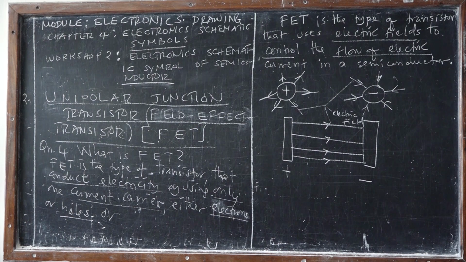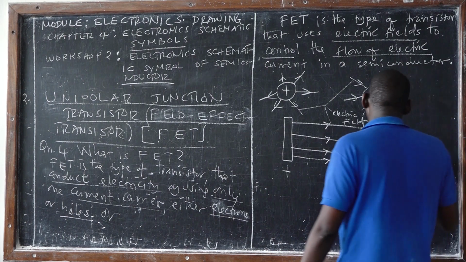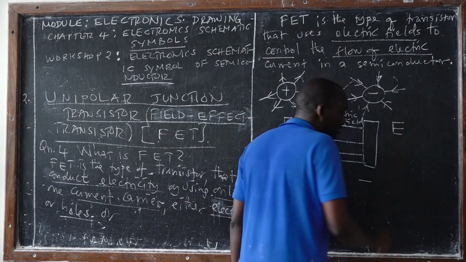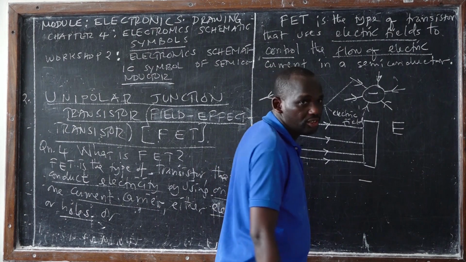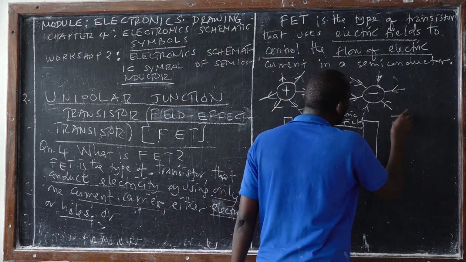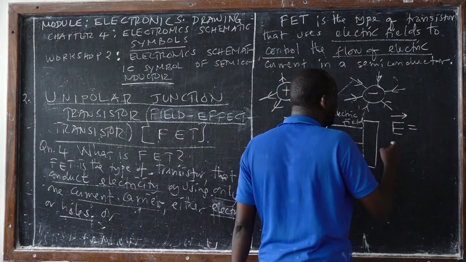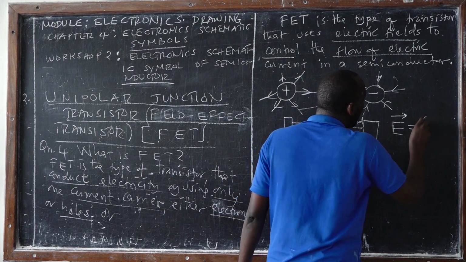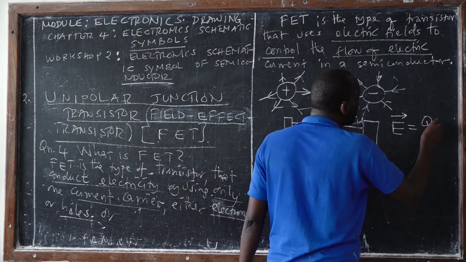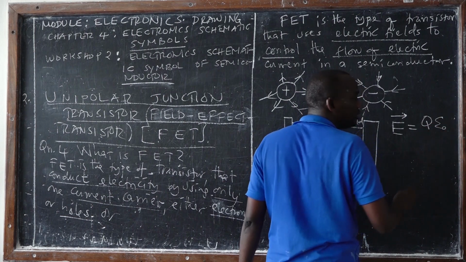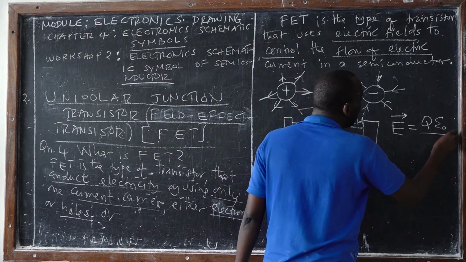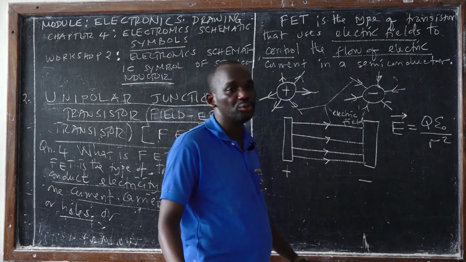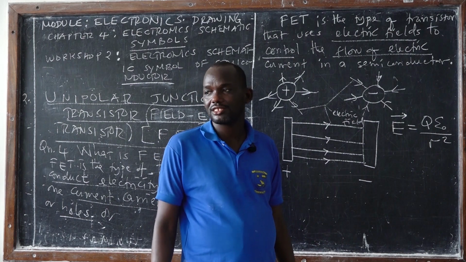For we who have gone through advanced education, electric field is a vector quantity, it's not a scalar quantity. The formula to compute electric field, with the symbol for a vector quantity, is equal to the quantity of charge times the permittivity of free space over the square of the distance between the source of the charges.